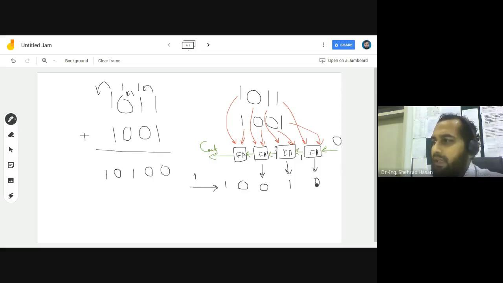Now what happens is there is a 1 coming from the first bit. This 1 is added with 1 and 0, so this full adder is going to give a different result this time. The first stage result is confirmed, but because of this 1 over here, the second full adder is going to change its output.